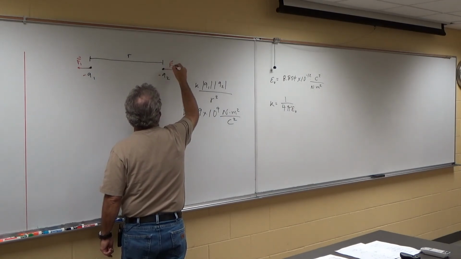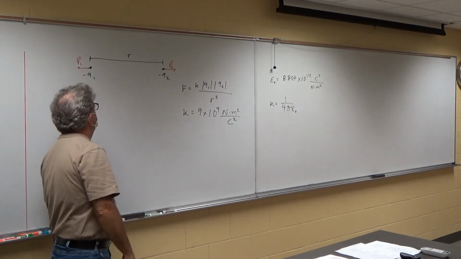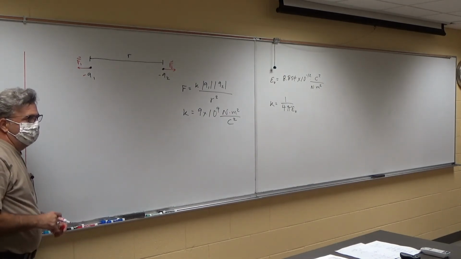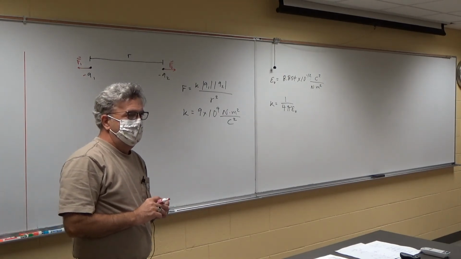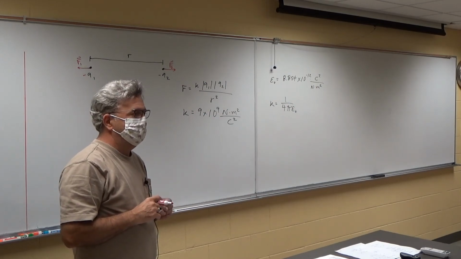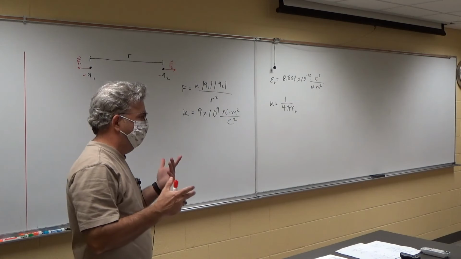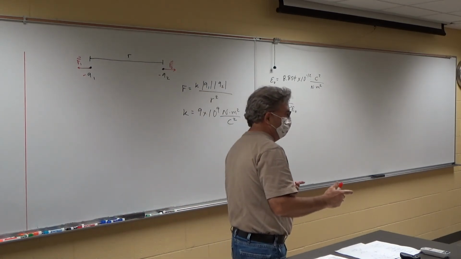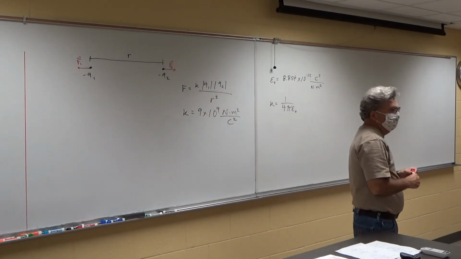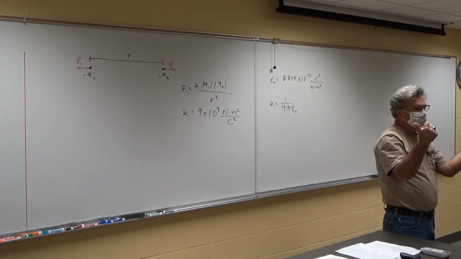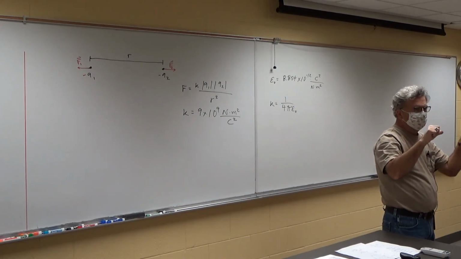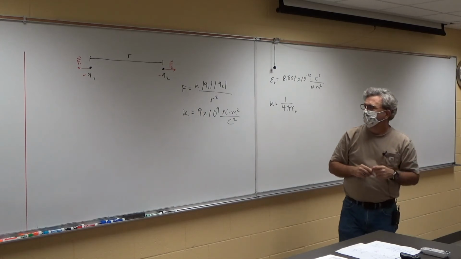There's a force pair, F1 and F2. They're the same magnitude, opposite directions. That's always going to be the case for point charges in Coulomb's law. That force pair is going to be equal magnitude and opposite direction. It's either going to be away from the two charges or toward the two charges.